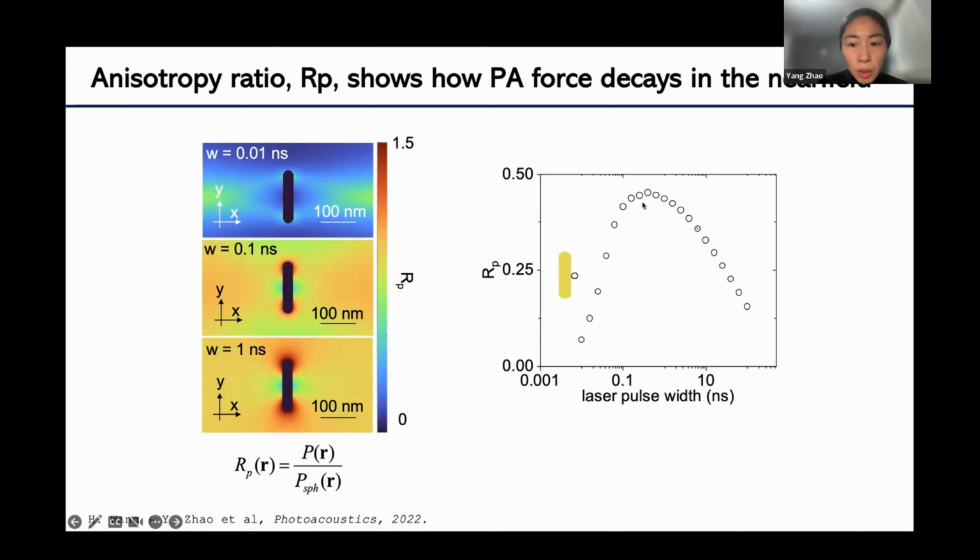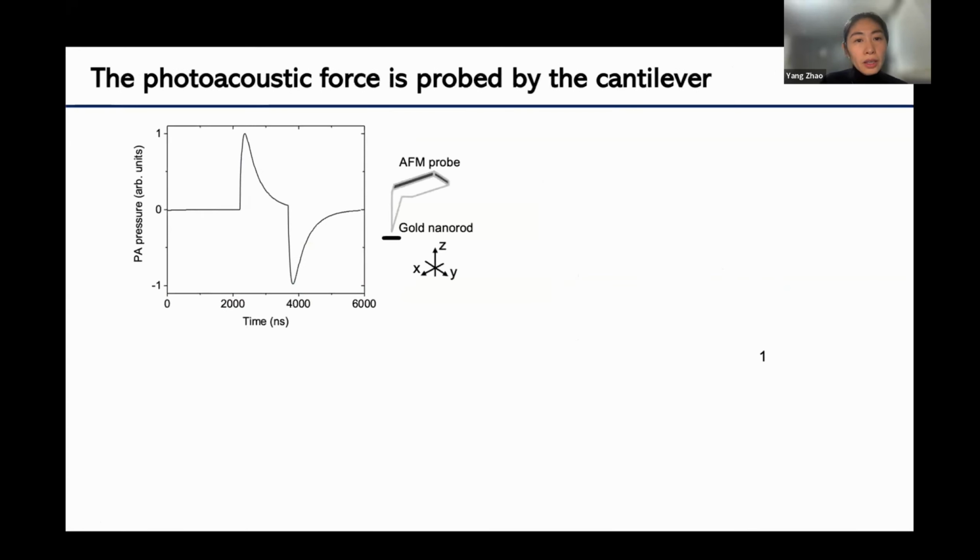There is a sweet spot where you can tweak the laser pulse durations to create either the most anisotropic distribution of your photoacoustic distribution, or a larger amplitude and faster decay compared to the traditional far field analysis.